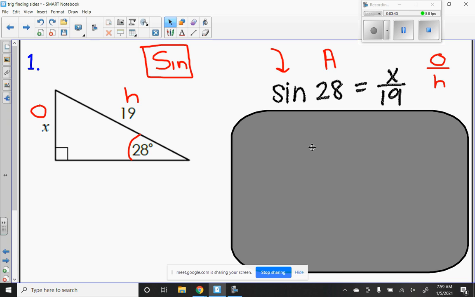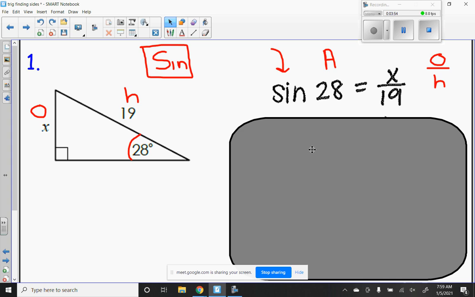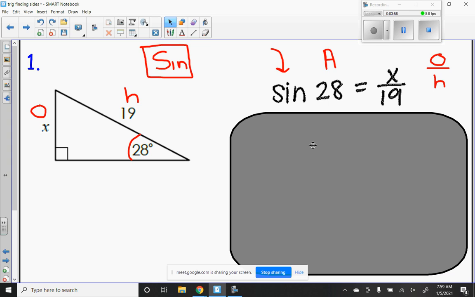If you're on a calculator on your phone, you'll hit 28 and then sine second. What you should see on your calculator is about 0.469 and a bunch of numbers after, but really all I use is the first three numbers, and I don't round. I just use the first three numbers.